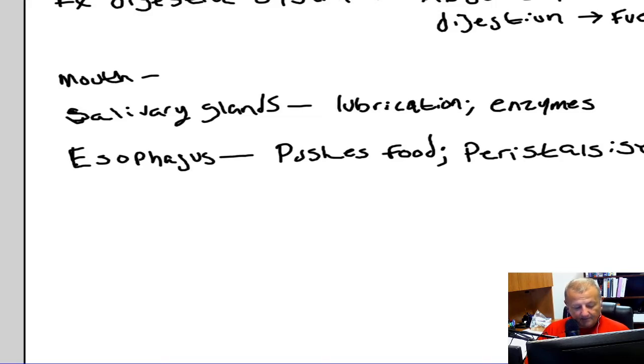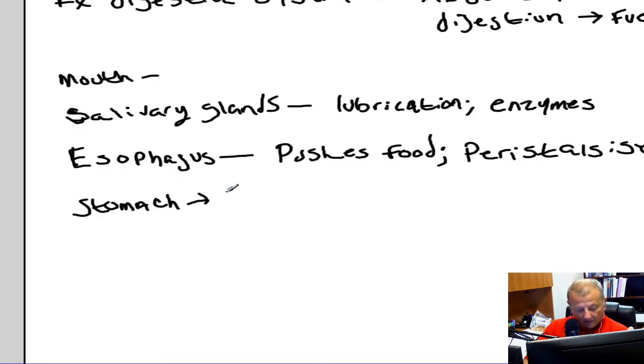So let's talk now about the stomach itself. The esophagus will then go down and meet the stomach. What's the function of the stomach? The function of the stomach is to break down food.